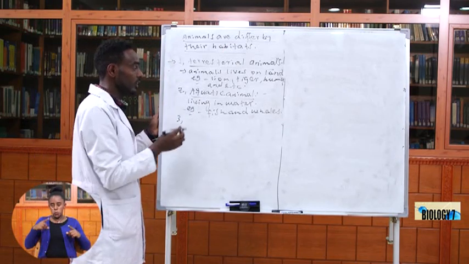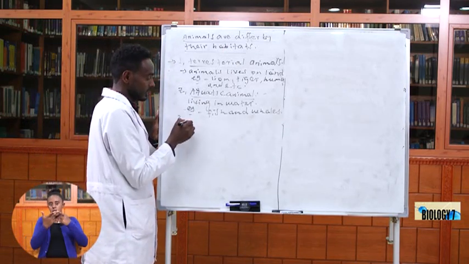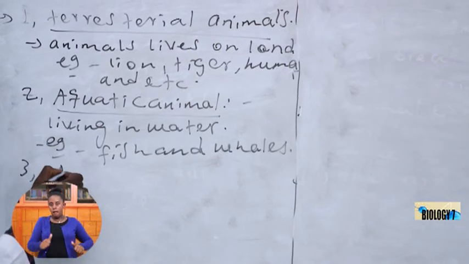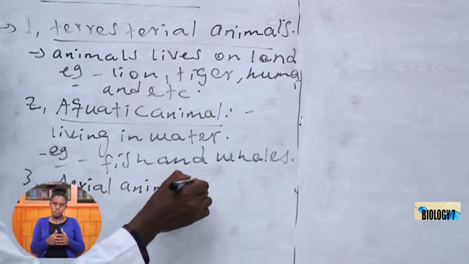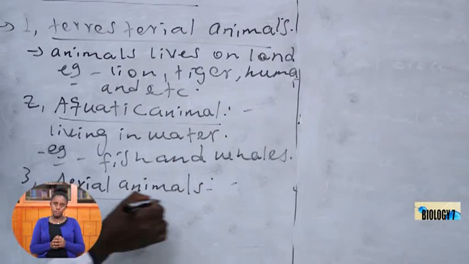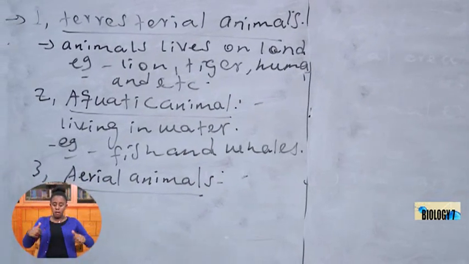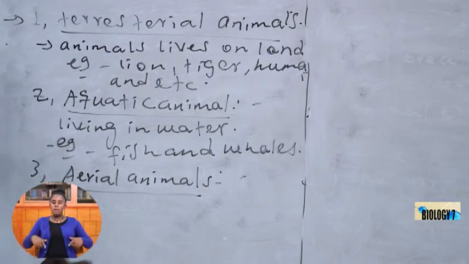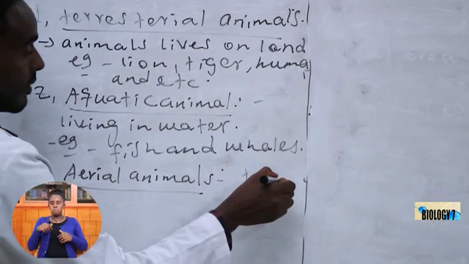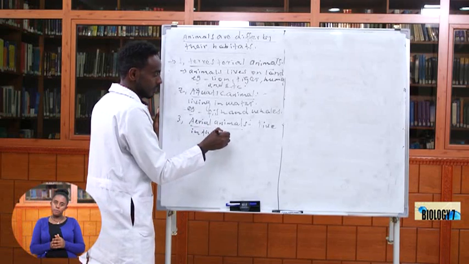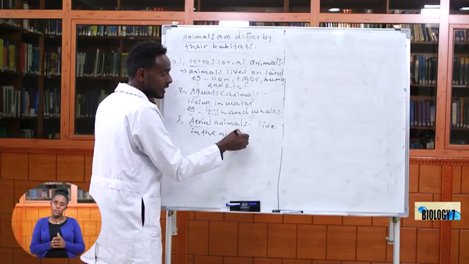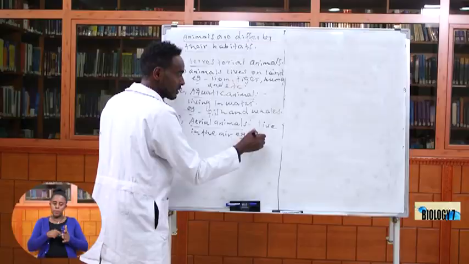The third one is aerial animals. Aerial animals are animals that live in the air. For example, we can take birds and bats.